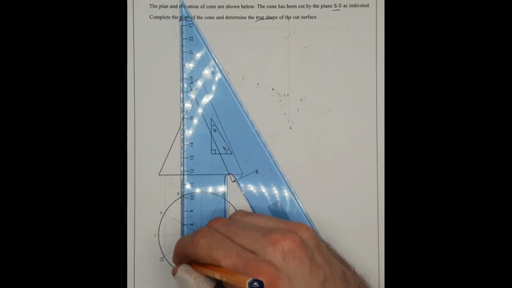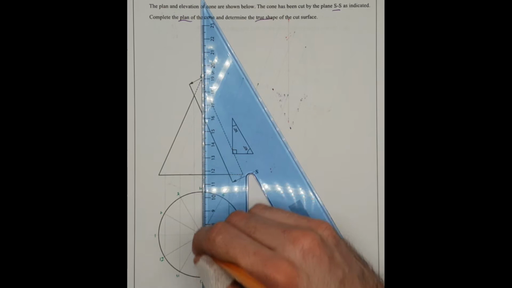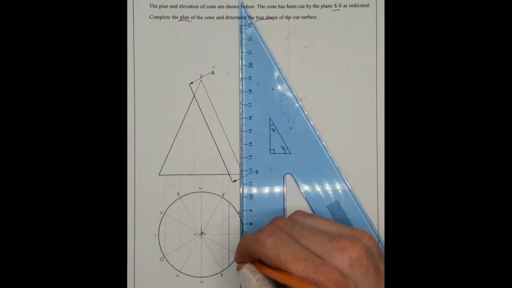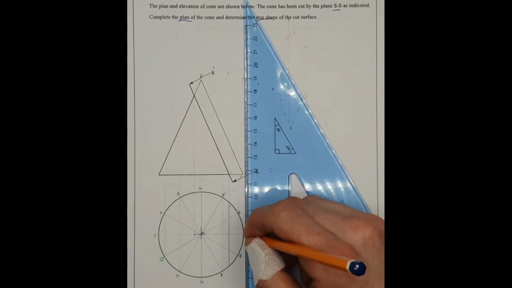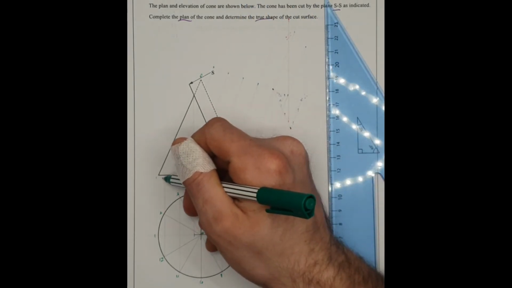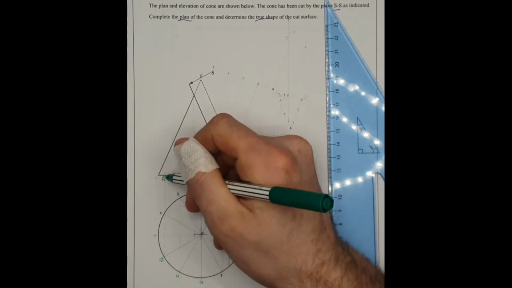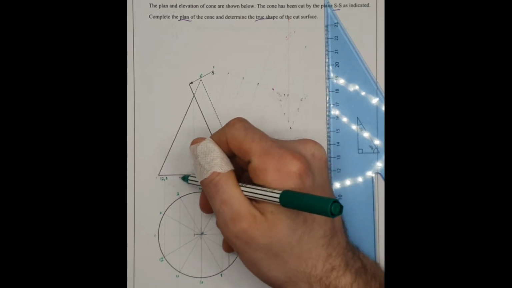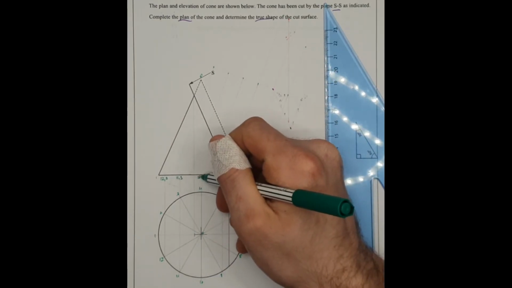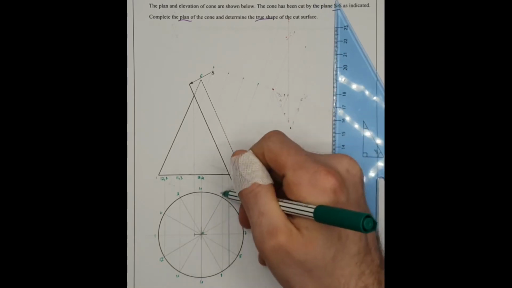There's 2 and 12, 3 and 11, 4 and 10, 5 and 9, 6, 8 and 7. There's 1, there's 2, sorry, I should say 12, 2, because 12 is the one out near me. 2, 11, 3, 10 and 4, and that's 9 and 5.